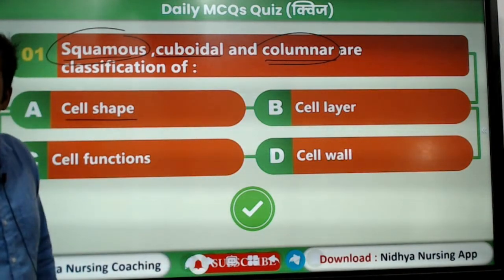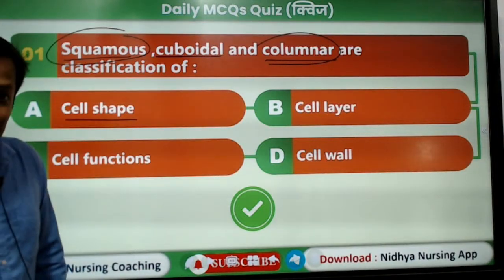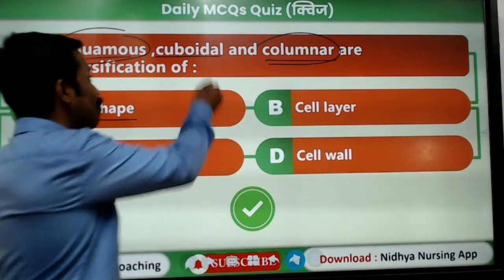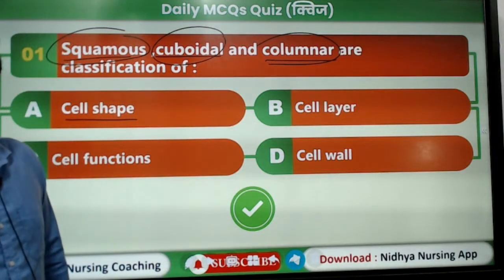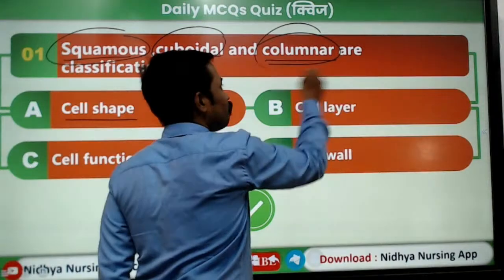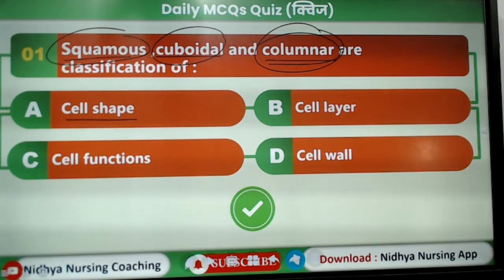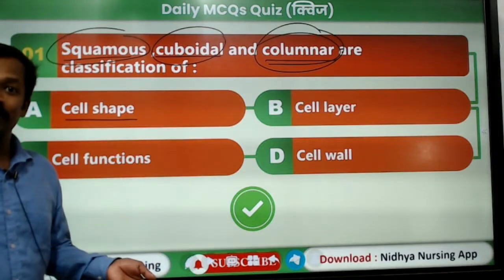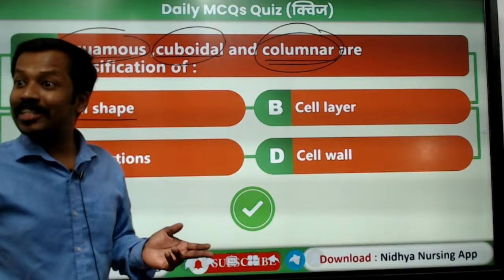What is the shape of squamous? What is the shape of cuboidal? And what is the shape of columnar? Any idea? You said yes sir, it's shape. Then what are the shapes?